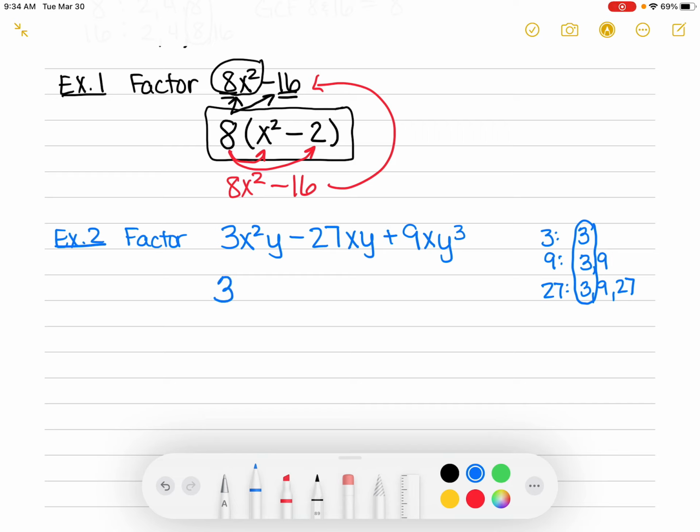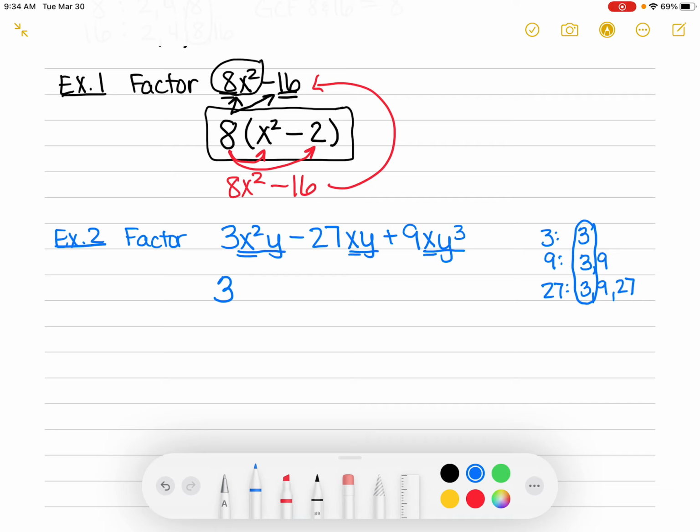And now before we put the parentheses, like we did up here, where we had parentheses right away, we need to look at our variables. So I have an x squared y, an xy, and an xy cubed. So they do have variables in common. They all have an x and they all have a y. So let's look at the x's first. I have x squared, x, and x.